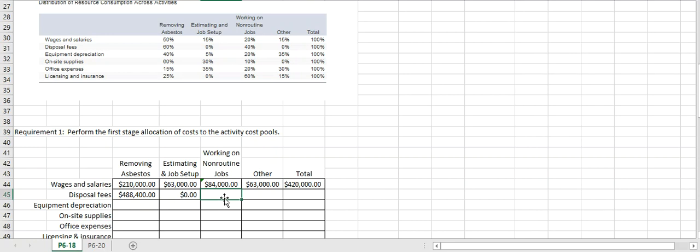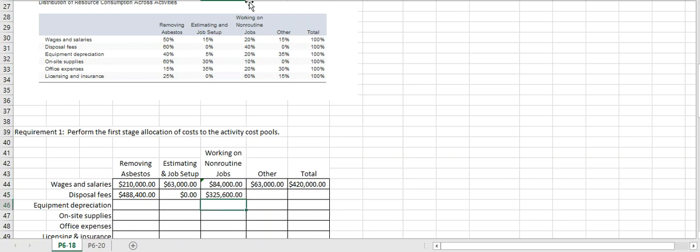And the other 40% goes under working on non-routine jobs. So let's see, that was 814,000 times 40%, and then the next one was 0. And so we can do our sum across. It should be 814,000 because that's the total amount that we spent.